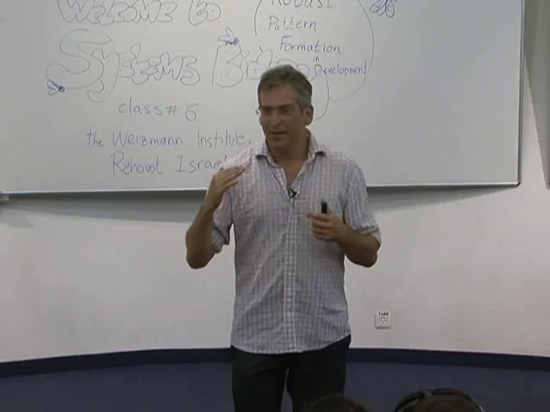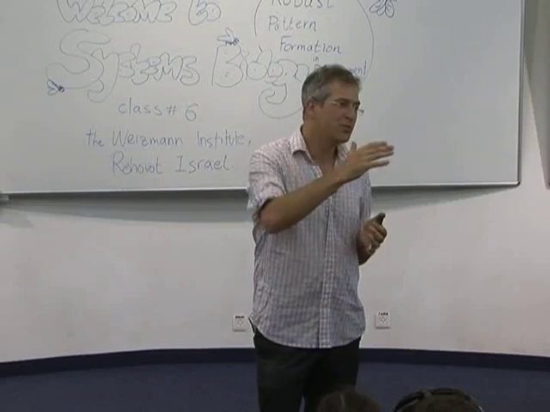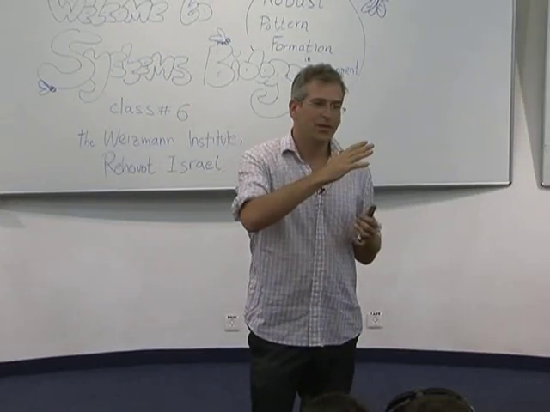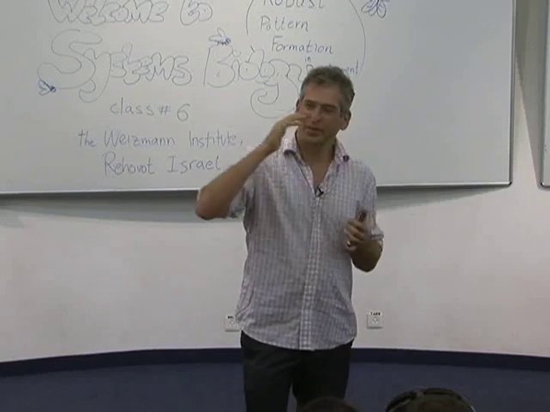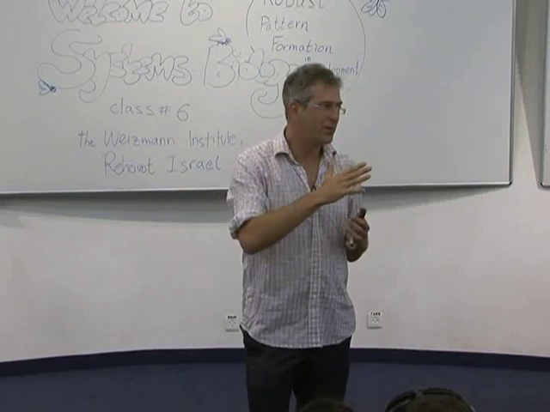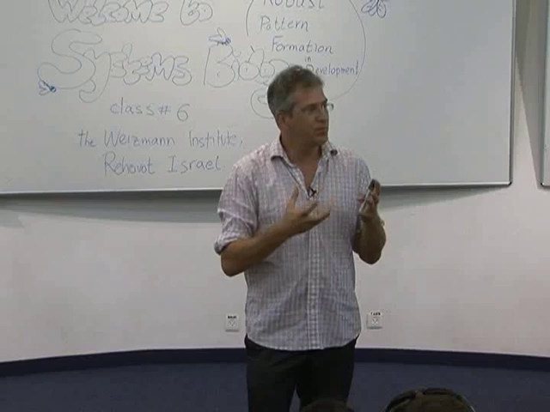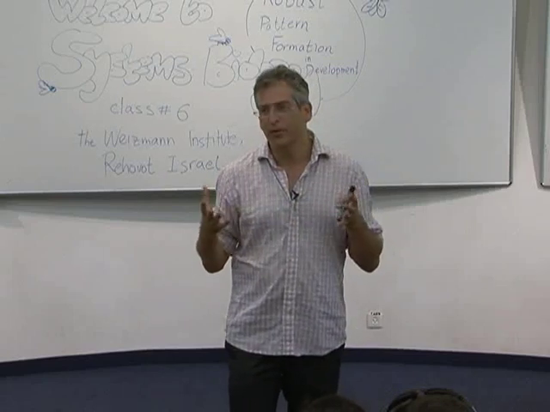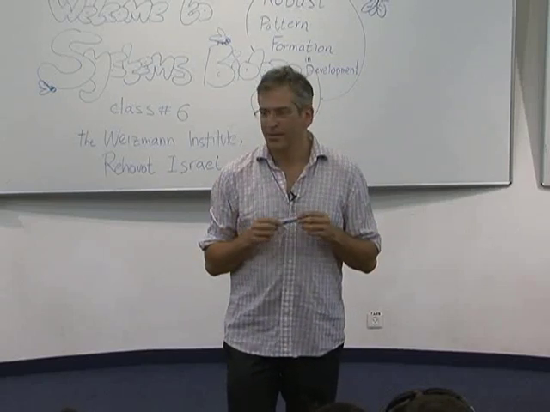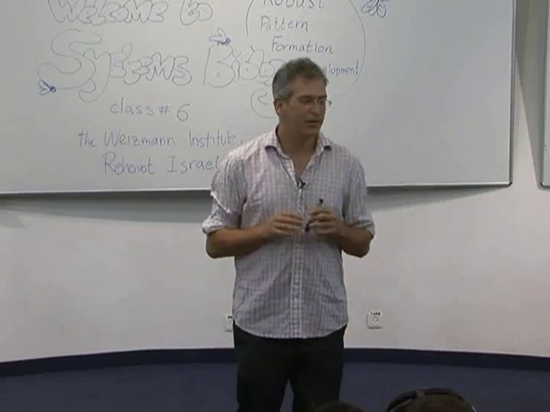You can't specify how many proteins will be made at a certain point, because one embryo will have 10,000, another one 12,000, another one 8,000. So that's kind of variability. With noisy components, variable components, how can you make robust patterns? Is the question we'll discuss today.